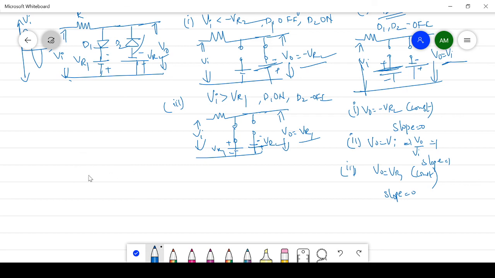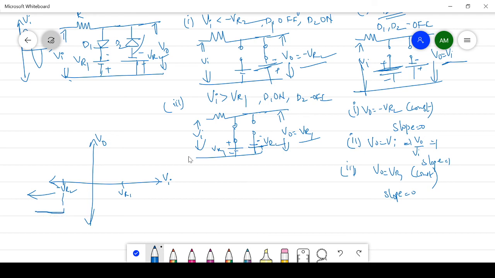From this we can draw the transfer characteristic curve. This is the negative reference voltage and this one is the positive reference voltage. In the first condition, Vi is less than minus VR2, the slope is 0.